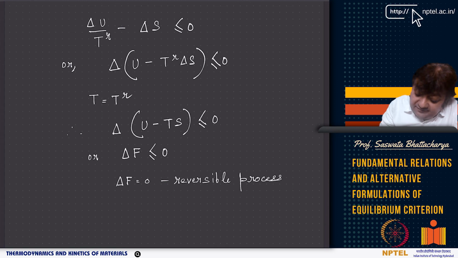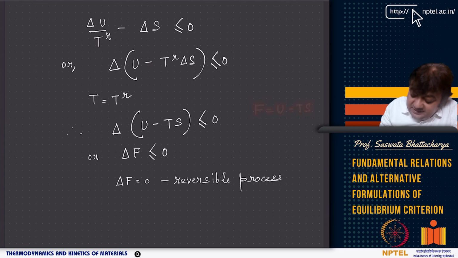Now, the system assumes the temperature of the reservoir at thermal equilibrium, so T equals TR, and I can write T instead of TR. Then delta U minus T delta S is less than or equal to 0, or delta of U minus TS, and as we know, F equals U minus TS.